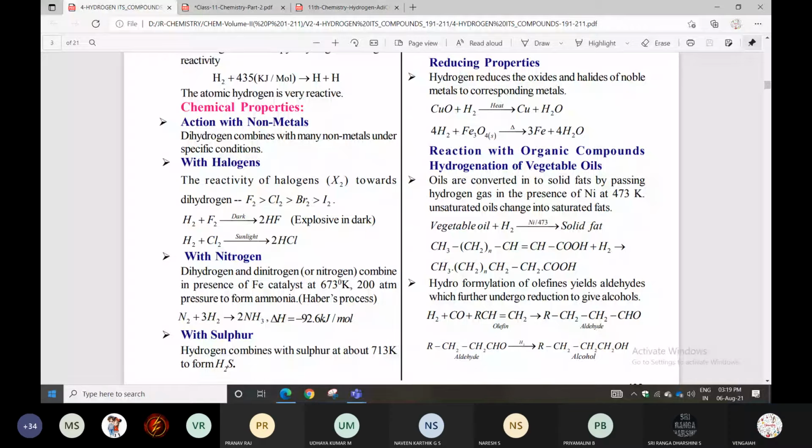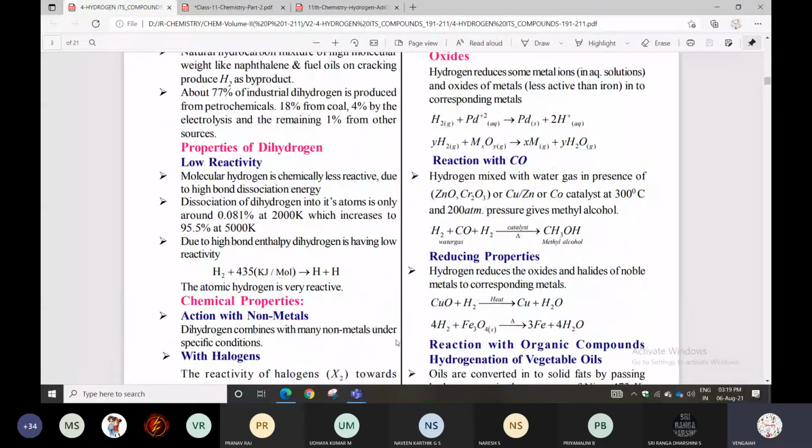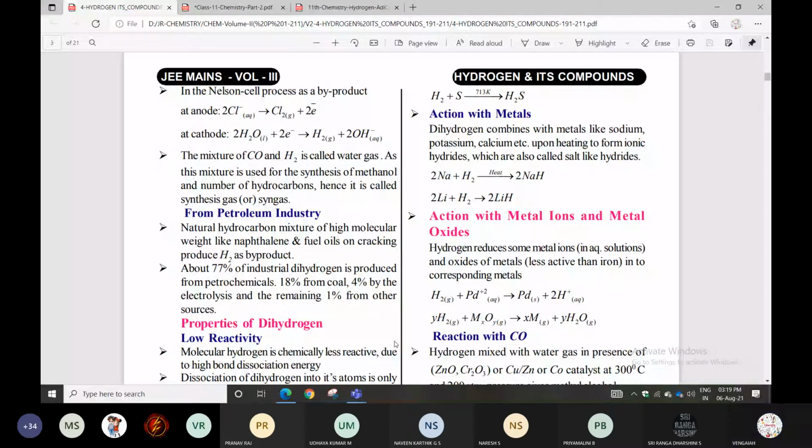Dihydrogen combines with metals like sodium, potassium, calcium, etc. upon heating to form ionic hydrides, which are also called salt-like hydrides. So Na plus H2 forms NaH.